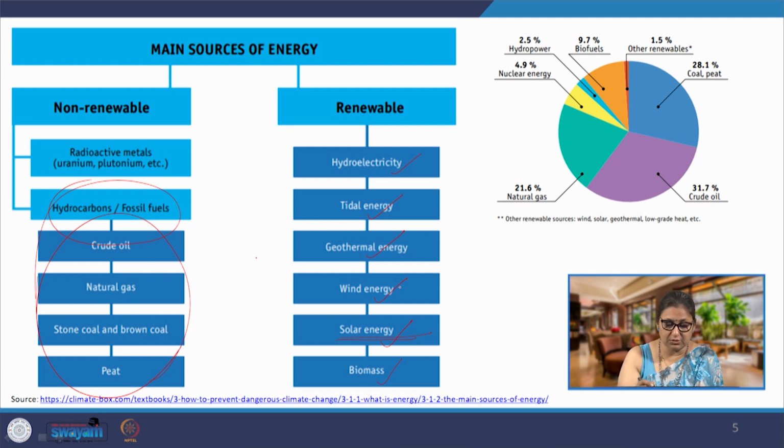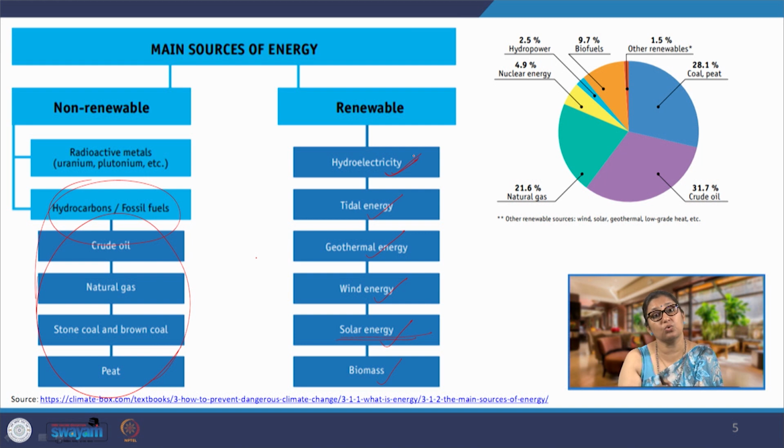If you talk about, for example, hydroelectricity, hydropower cannot be generated everywhere. There has to be sufficient availability of water, and we also have to have a terrain where a significant level drop is available and the water can be used to run the turbines to produce electricity. So, this is again specific.